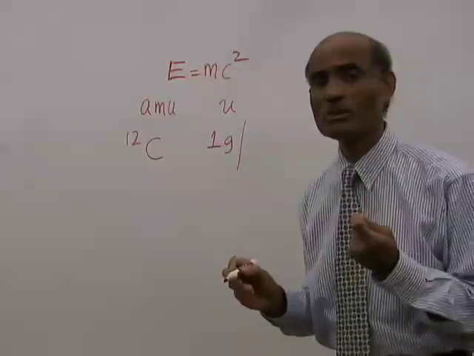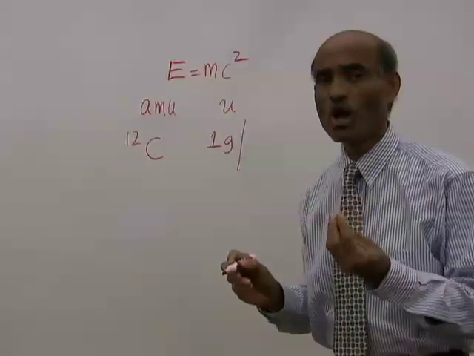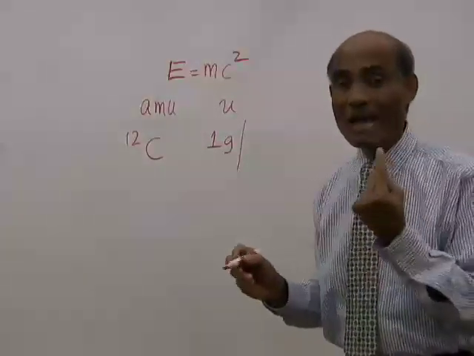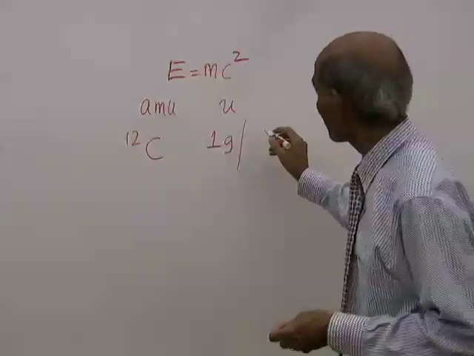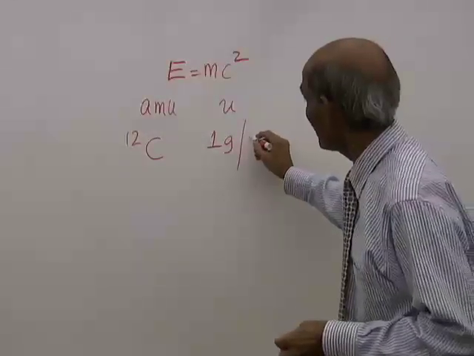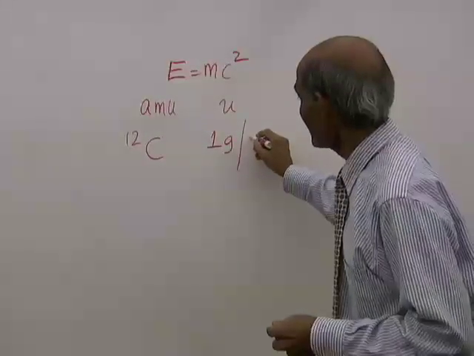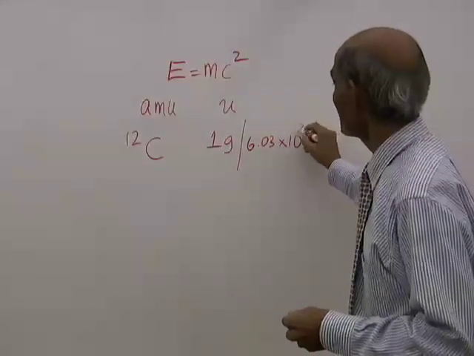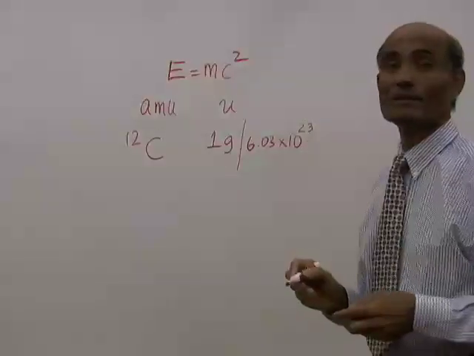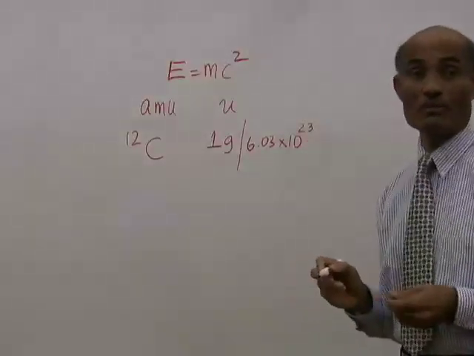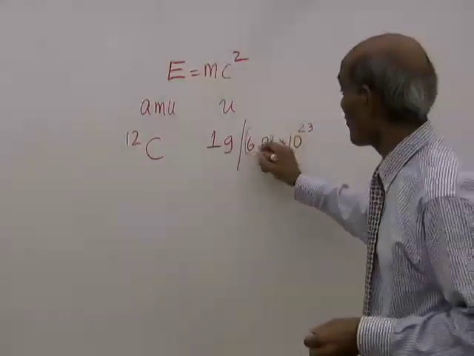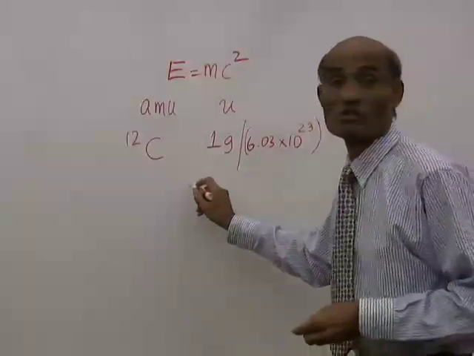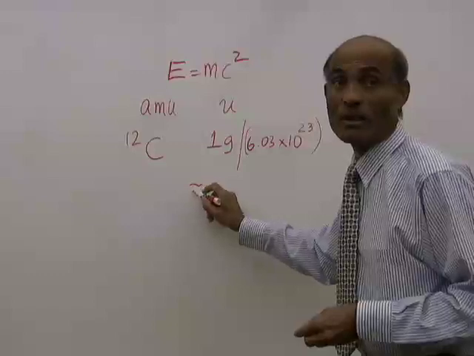What's Avogadro's number? The number of molecules in 1 mole, or number of atoms in 1, well, that will be 6.03 times 10 to the power of 23. So 1 gram divided by 6.03 times 10 to the power of 23, you can do that approximately.